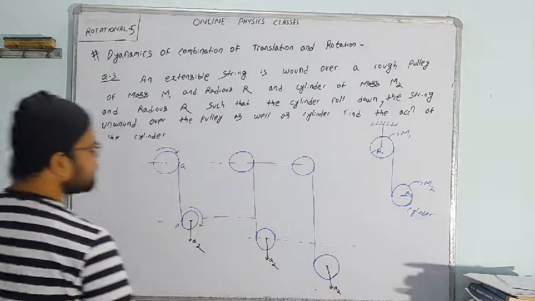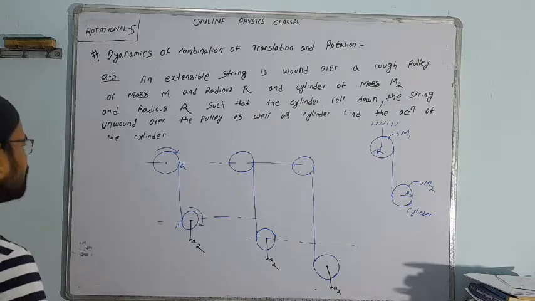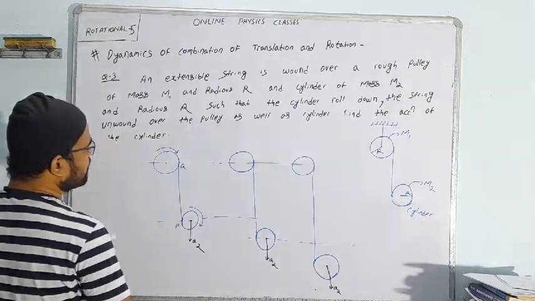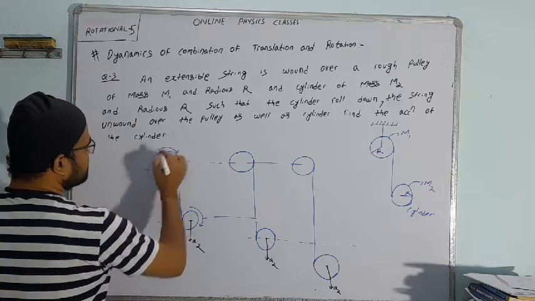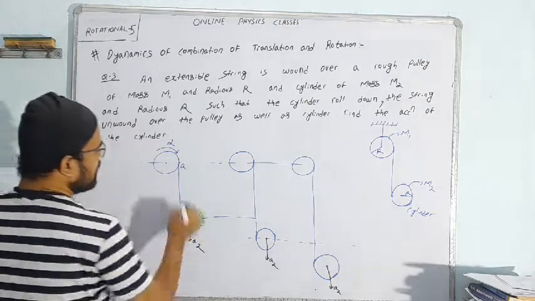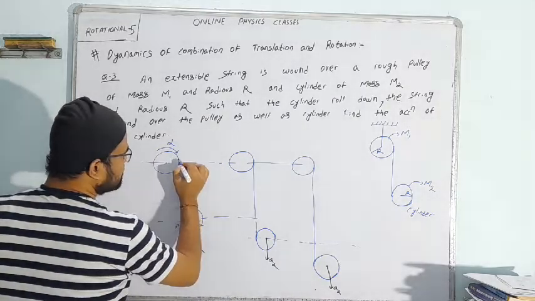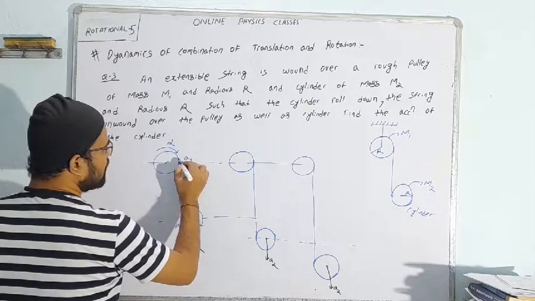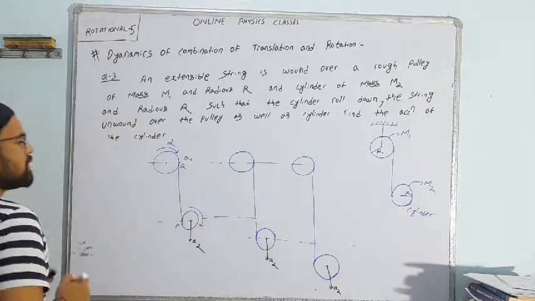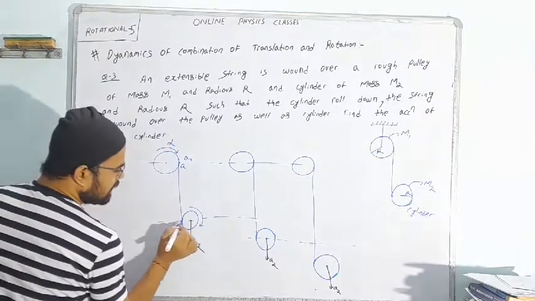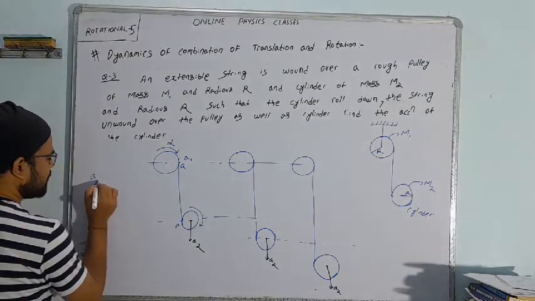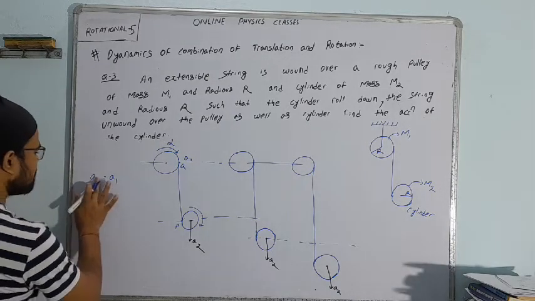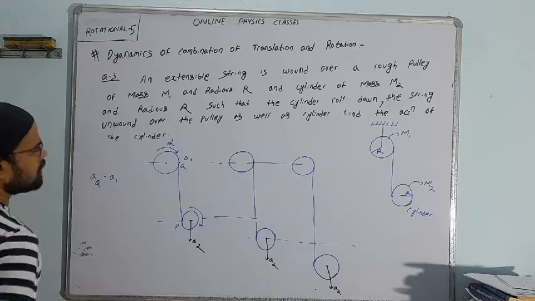The cylinder is also rotating with some angular acceleration, let's suppose alpha. This point q has some acceleration a1, so we can say the acceleration at q is equal to a1.